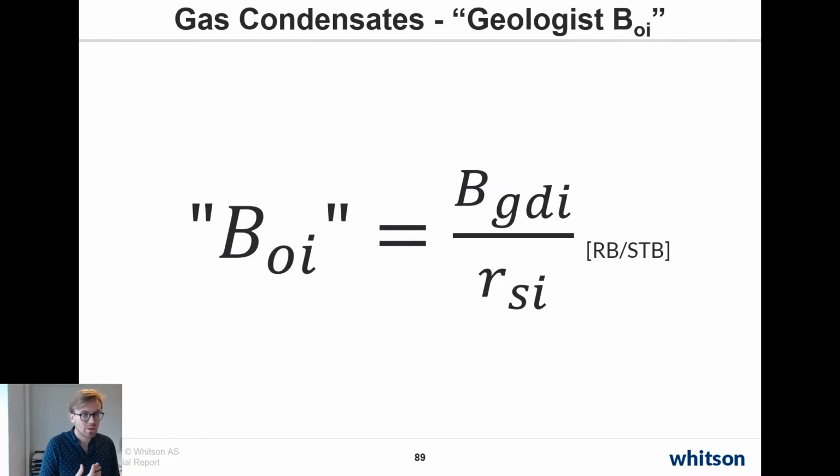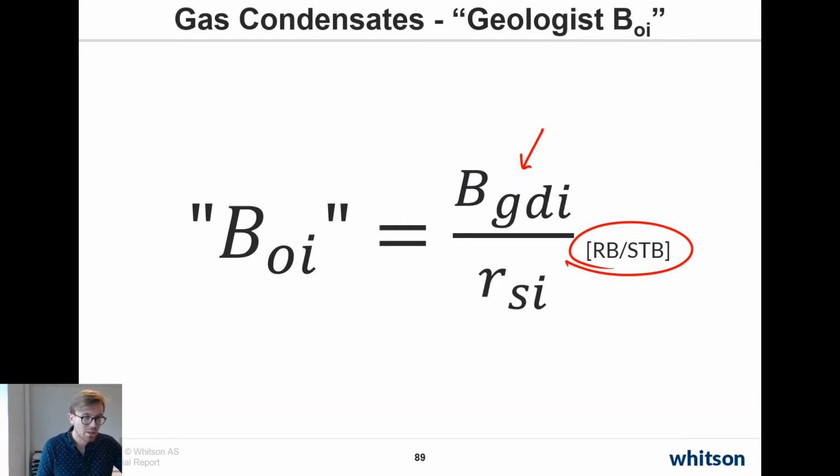To do that, we need the same units as BOI. For a reservoir gas phase, we take the so-called dry formation volume factor for gas, BGD, and divide by the solution CGR, rs, and we end up with units of reservoir barrels per stock tank barrels, which is the exact same units as for the BOI.